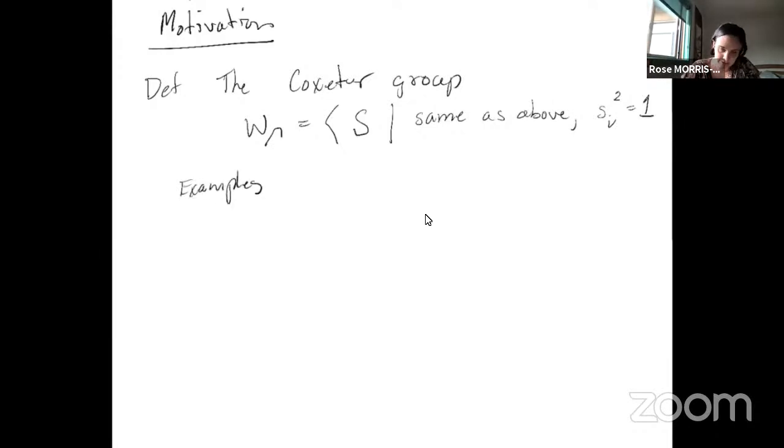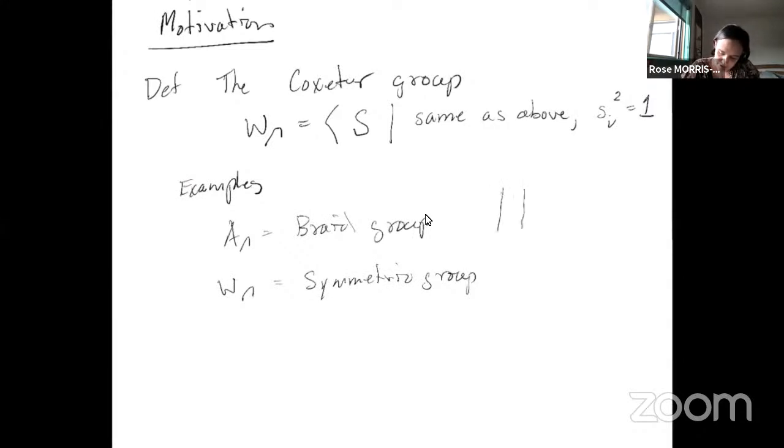Let's do some examples here. I think the key example to understand this is, if A gamma is a braid group, then W gamma will be the symmetric group, for the same gamma. So maybe one element of my braid group is something like this. Here's my little braid.